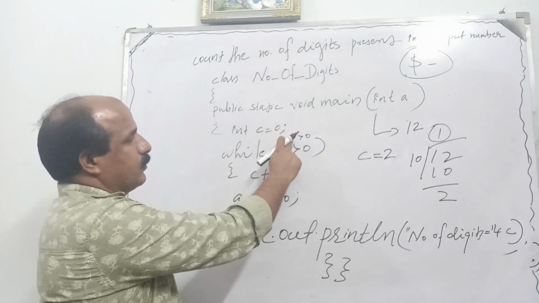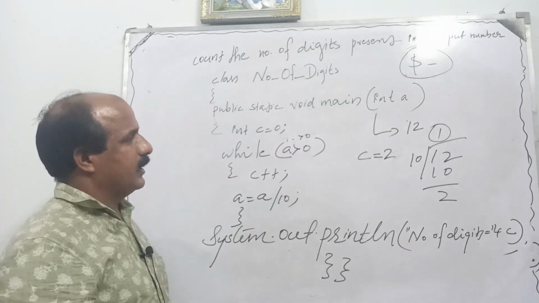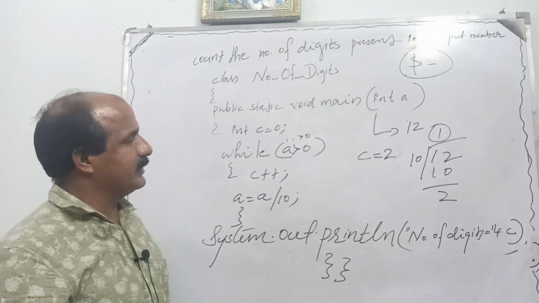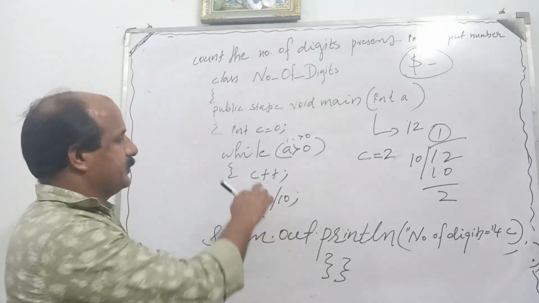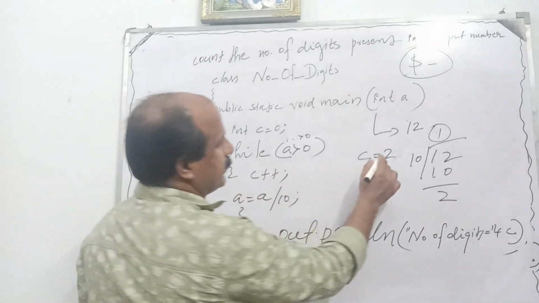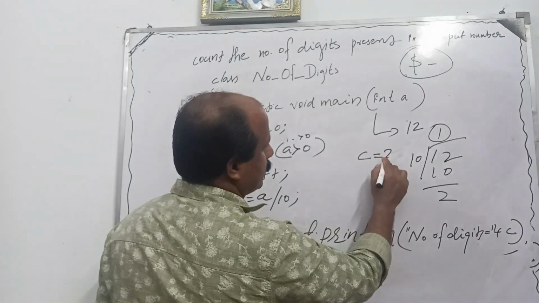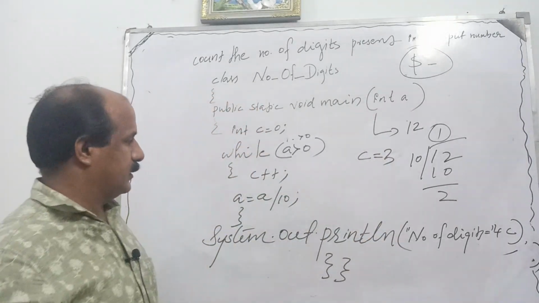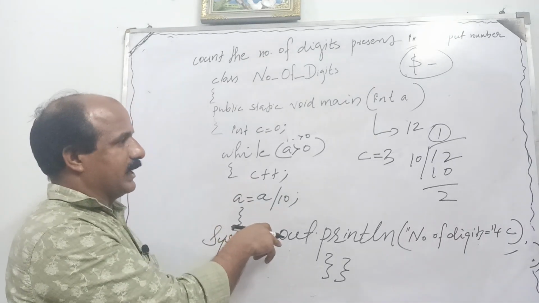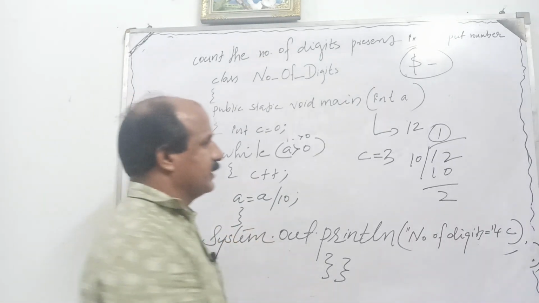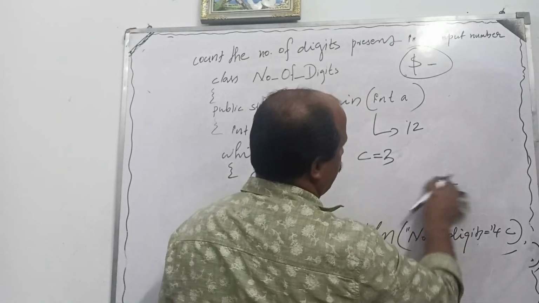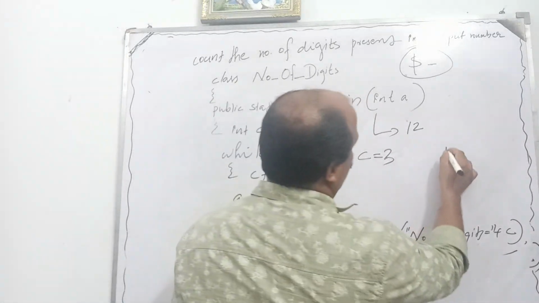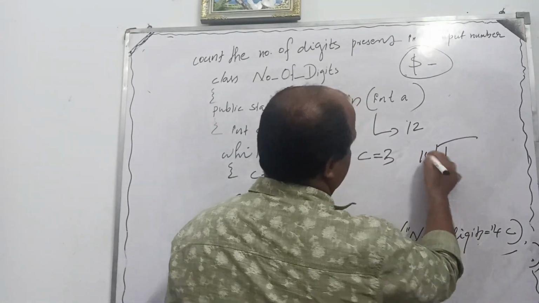Okay. So quotient is 1. Coming over here, 1 greater than 0. Again the test expression evaluates to true. And here it's C++. C++ means this becomes 3. 2 plus 1, 3. A is equal to a divided by 10. Now the new value of a is 1. So 1 divided by 10.